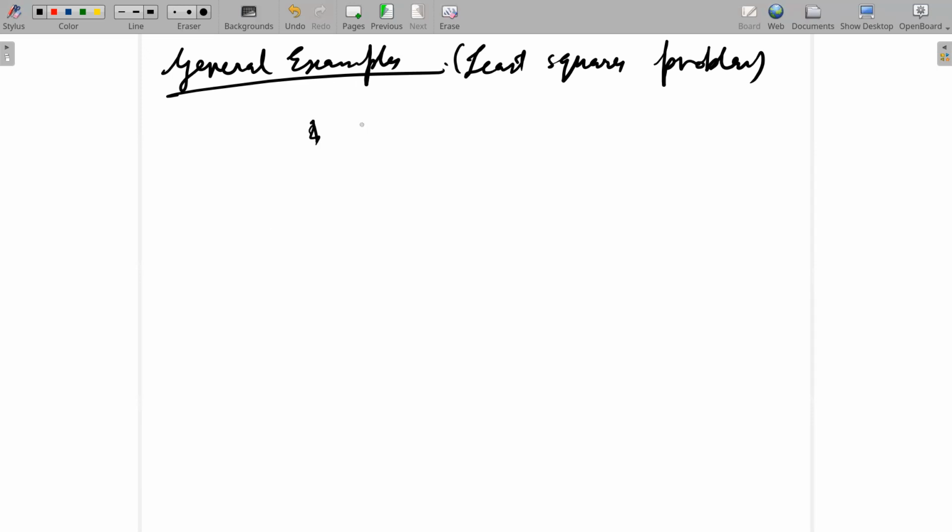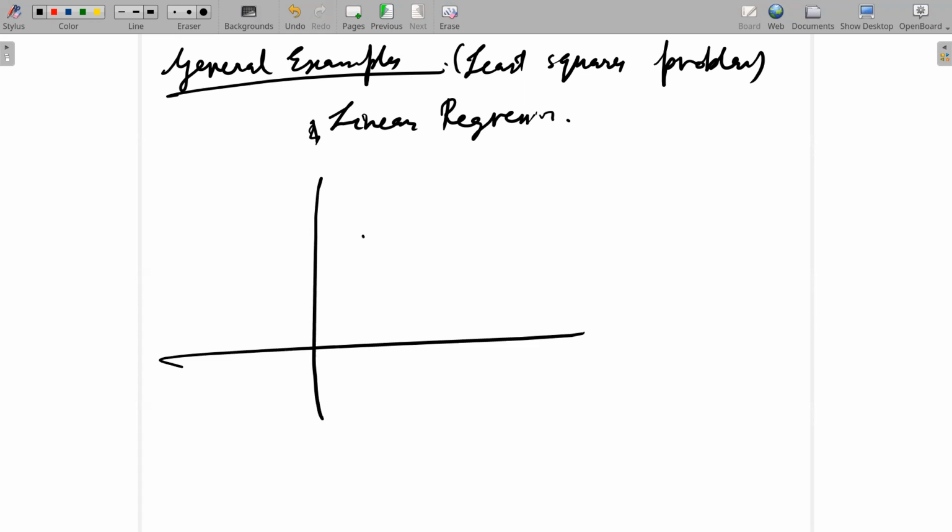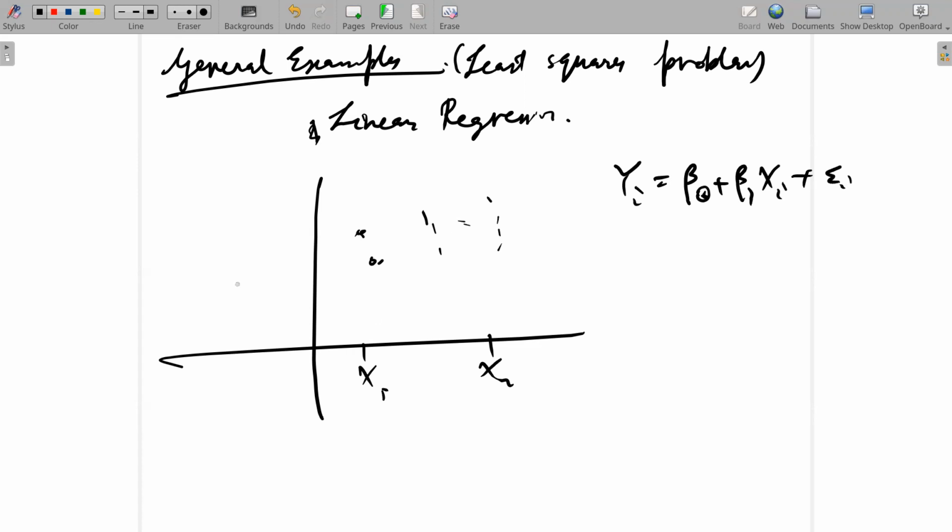In linear regression, what happens? If you have not done linear regression, let me just state the problem. In linear regression, you essentially have a bunch of values x1, x2, up to xn, and you have observed some values of the corresponding yi's. So the model looks like yi equals beta 0 plus beta 1 xi plus some epsilon i. You want to say that this is essentially some perturbed term of a line.